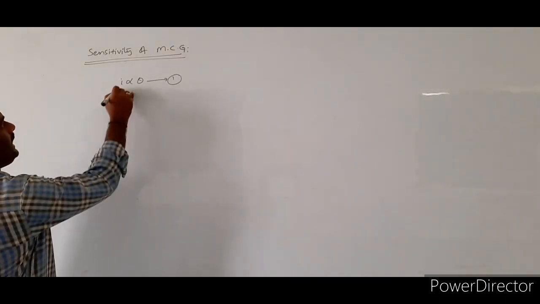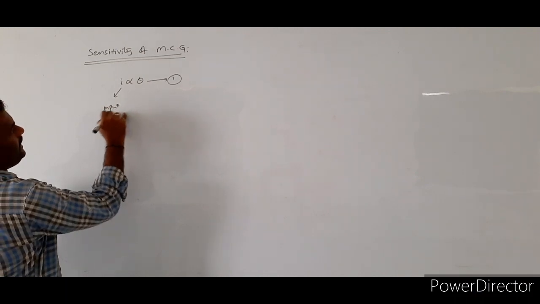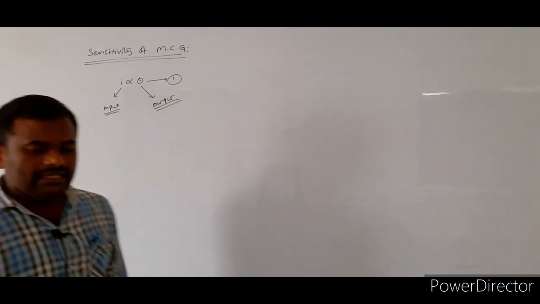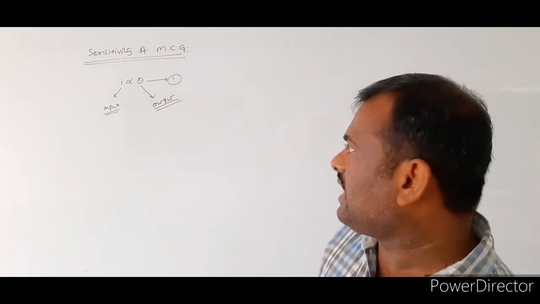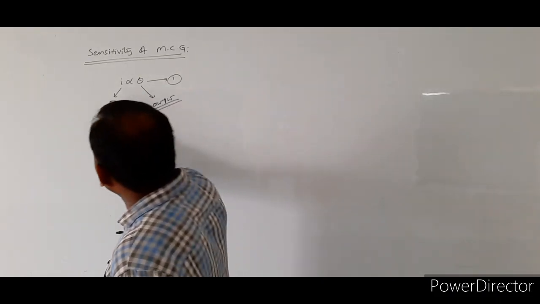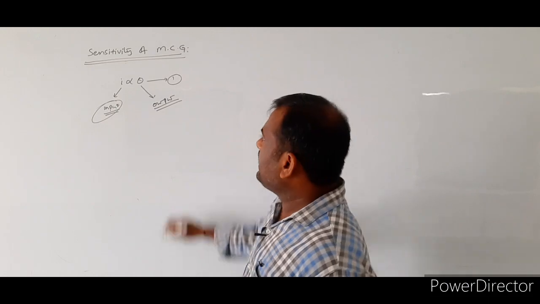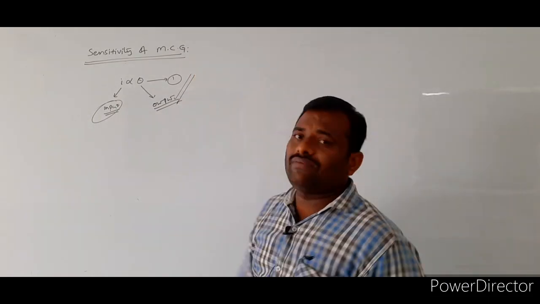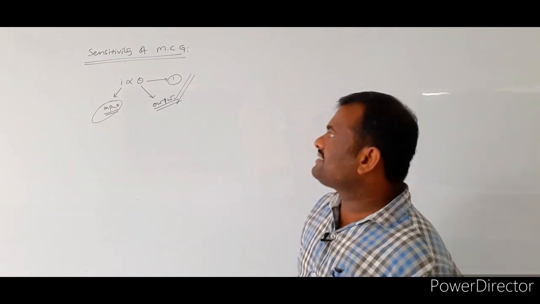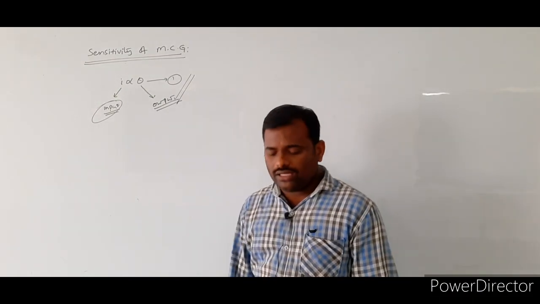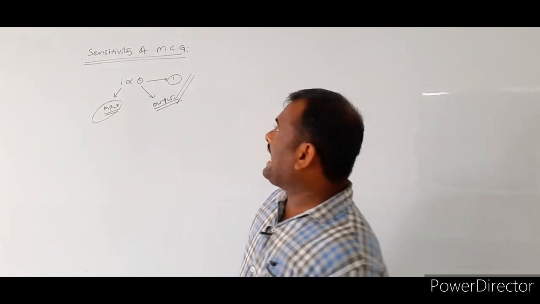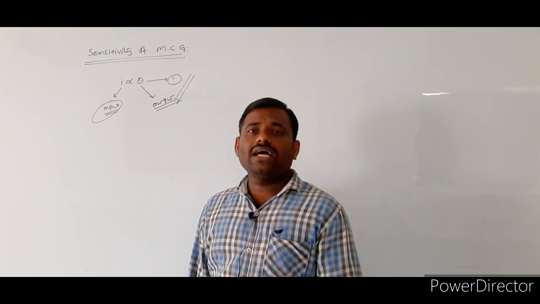So here the current is the input, and the deflection produced within the galvanometer is the output. If for a small input current the deflection produced in the moving coil galvanometer is large, then you say the moving coil galvanometer is more sensitive.